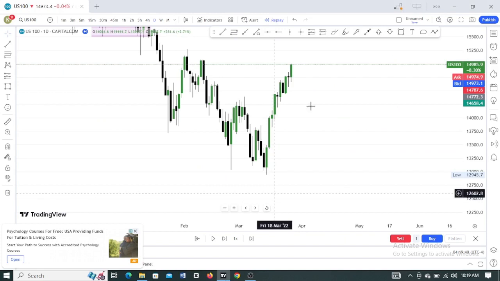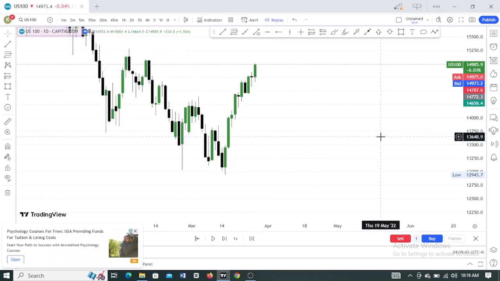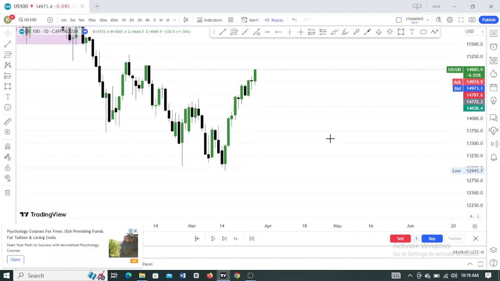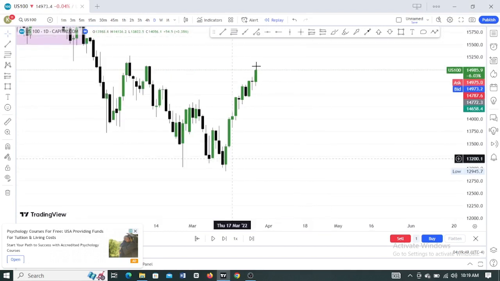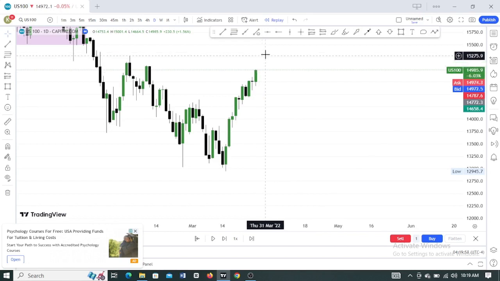Okay guys, now that we know the theory part of a market structure shift, let's look at a few market examples, right? So here we're gonna start here. If you can see, the market created this high. Now we're waiting to see if the market is going to keep going up, or is gonna retrace to the opposite direction, right?